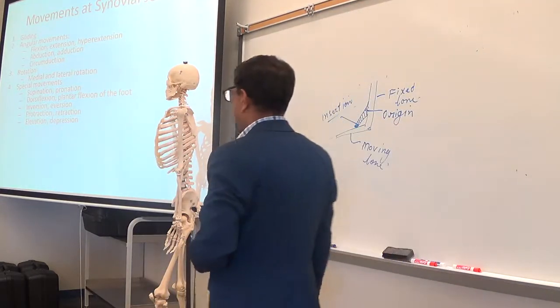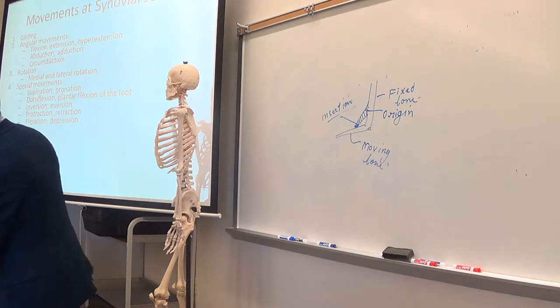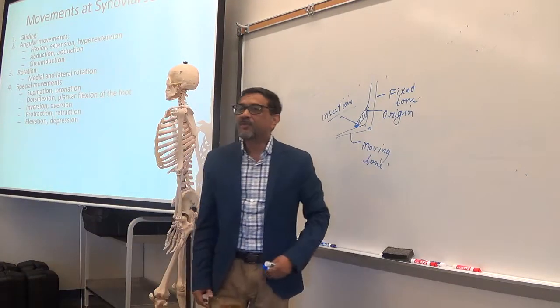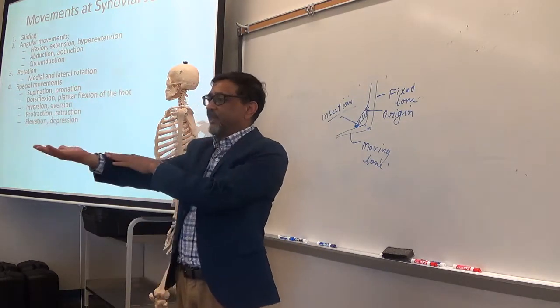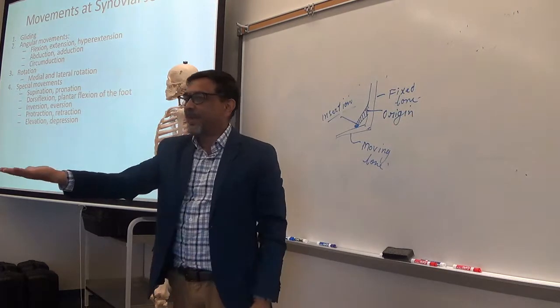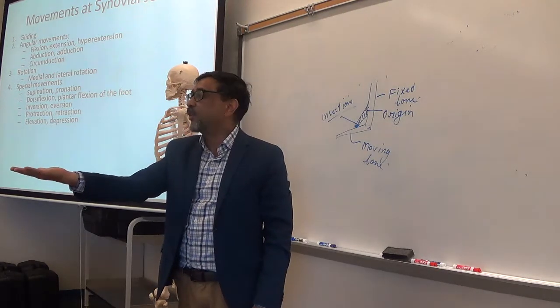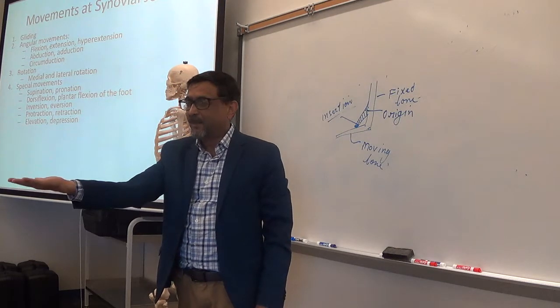Special movements. In some synovial joints, we have special movements. For example, supination and pronation. They are opposite to each other. Remember, this position, if I put my hand like this, is called supine. This is supine, okay?